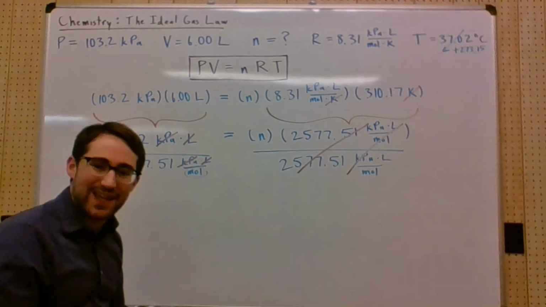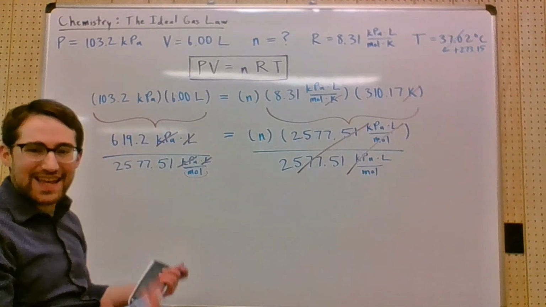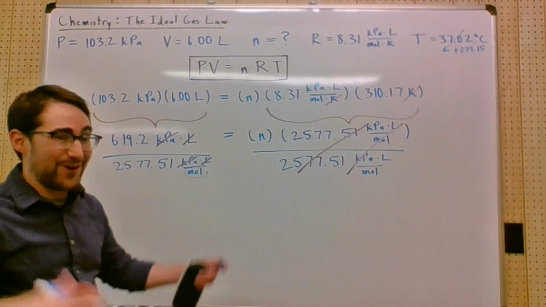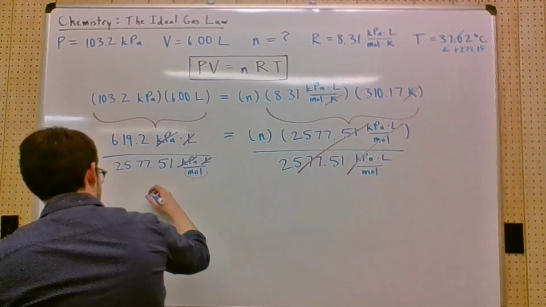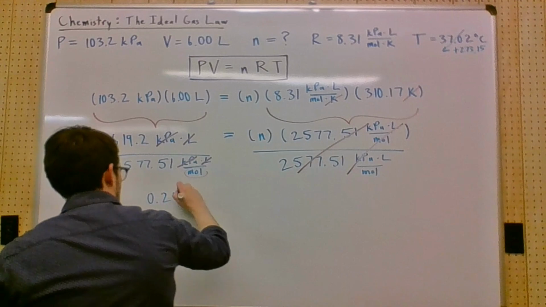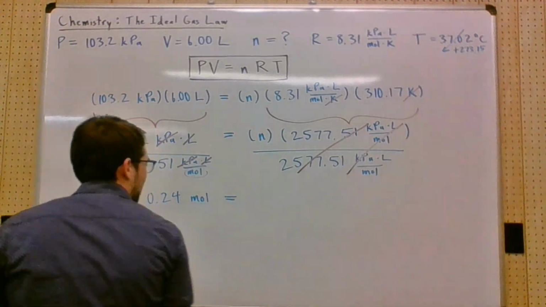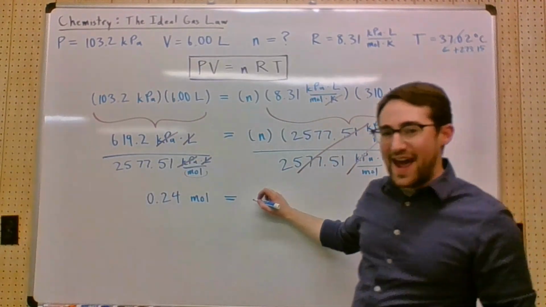Moles are an amount of a chemical. Gases take up a lot of space compared to how much there actually is, so we should expect to get a pretty small number unless we're dealing with a very large amount of gas. My answer comes out to be about 0.24 moles of gas.